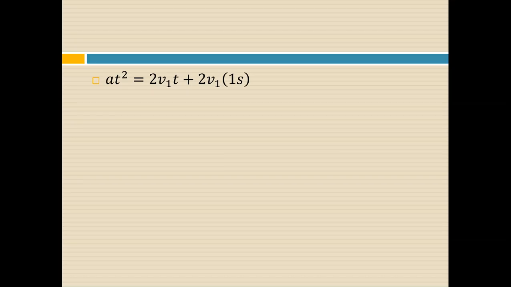In the 2v1 times 1 second, there's no t term in there. The time that's in there, the 1 second, is different from the time that A and B take to travel, so you can't cancel that. Yes? But I don't have a 2v. Can I factor out 2v1? I don't have a 2v1 on the left-hand side.